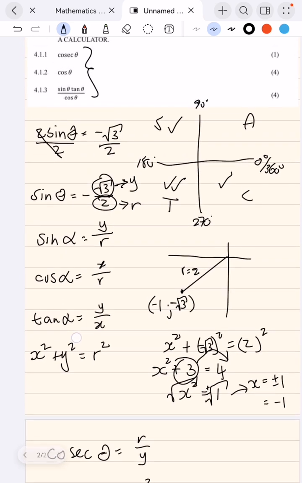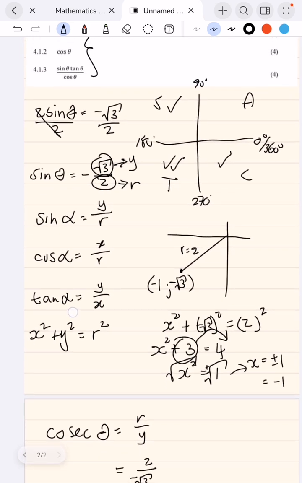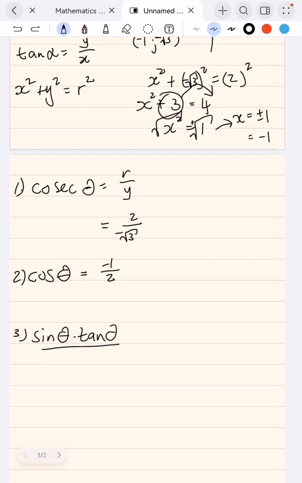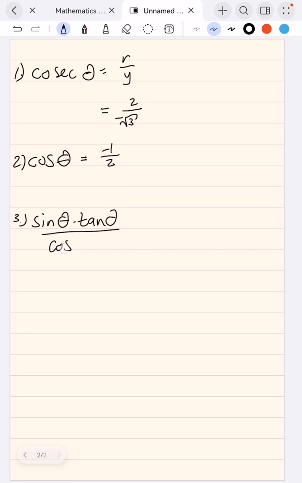And then the last one was sine theta times tan theta divided by cos theta. Okay, so this is what we're going to do. Sine is going to give me a ratio, tan is going to give me a ratio, and cos is going to give me a ratio.